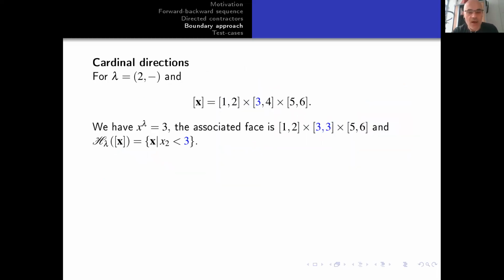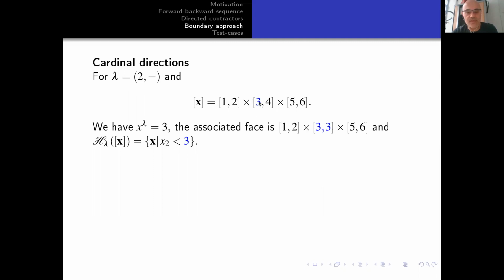So to explain how the backward propagation of the colors can be done, I will introduce the cardinal direction. A cardinal direction is a number with a sign, so here 2 and minus. It means that if I have a box, I take the second interval, and minus tells me that I take the 3, because if I put plus, it would be the 4. Okay, so each cardinal direction corresponds to a face.